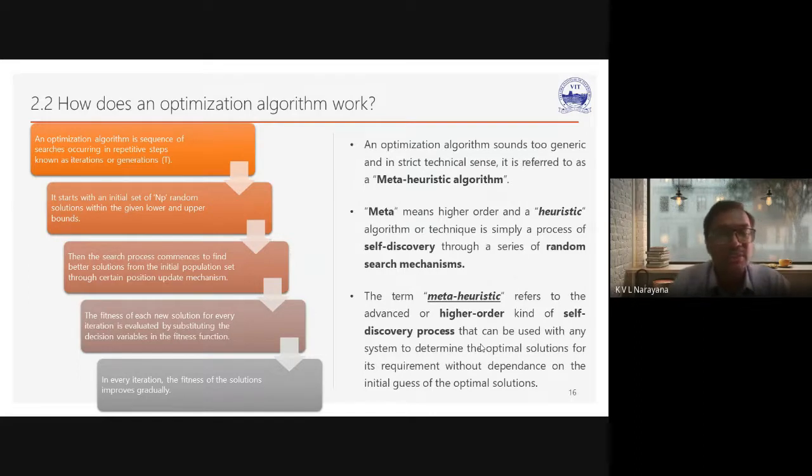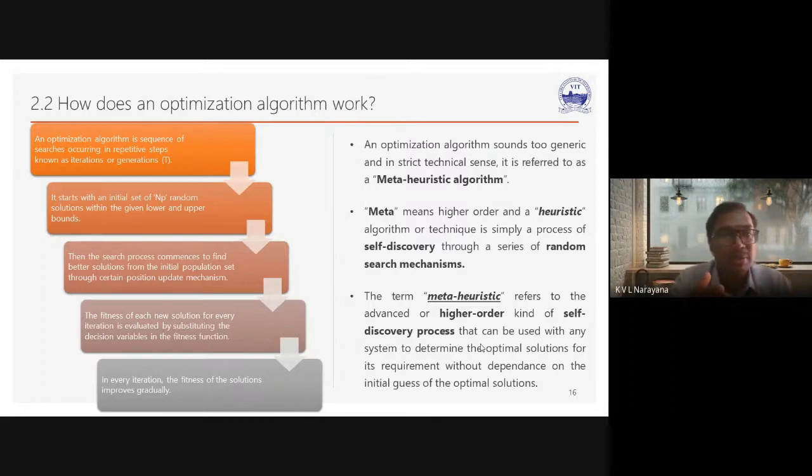Initially there will be a population, that means the initial population vector, and later the population vector is updated based on some search mechanism. That is very important: what search mechanism are we going to use in the optimization algorithm? Based on this, optimization algorithms are classified into many types. In particle swarm optimization, every particle of the PSO is considered a solution, and the velocity is the speed with which the particles move towards the target.